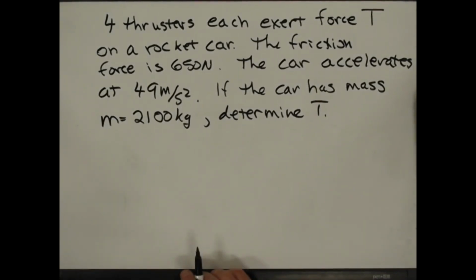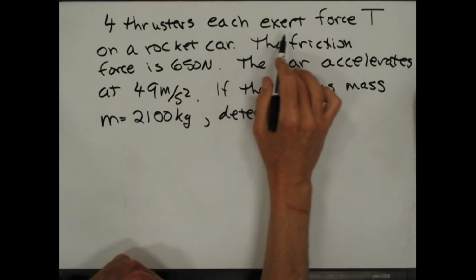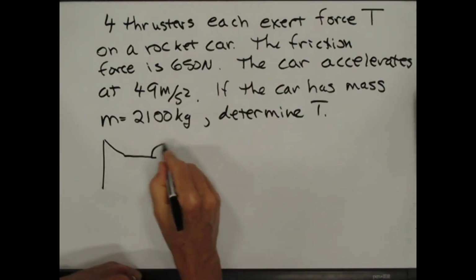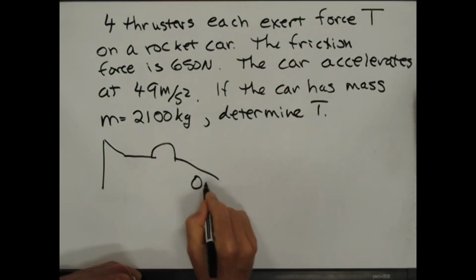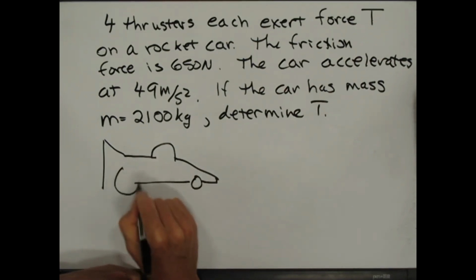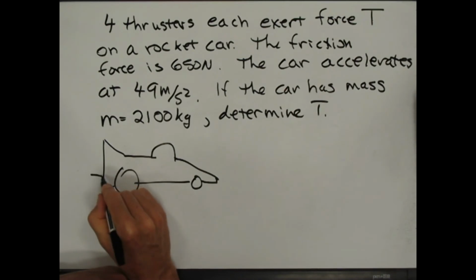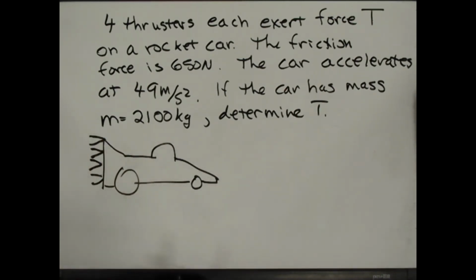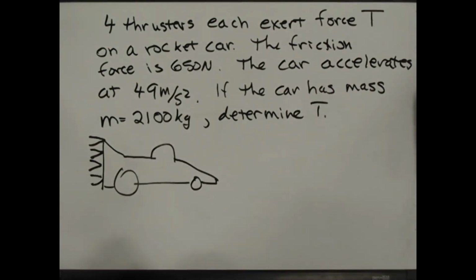So let's just do an example. I have 4 thrusters, each exerting force T on the back of a rocket car. So here's my rocket car, and I have 4 thrusters on the back.